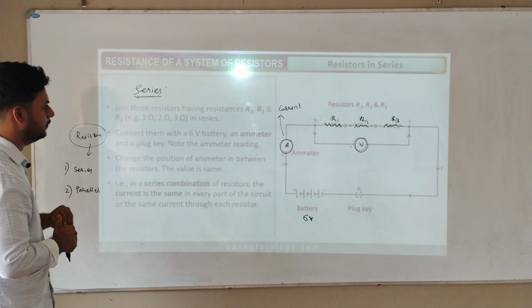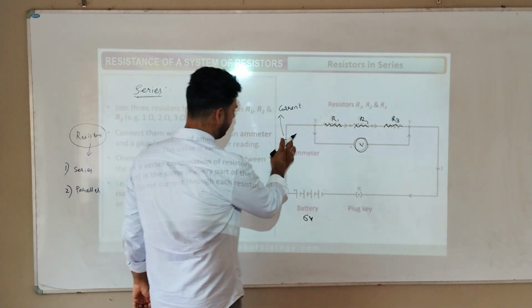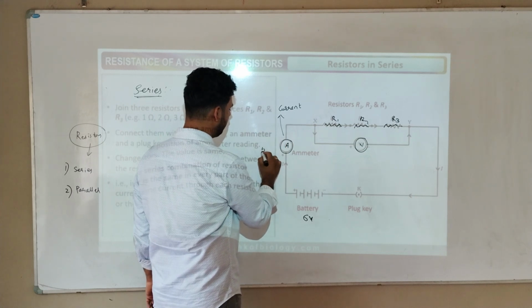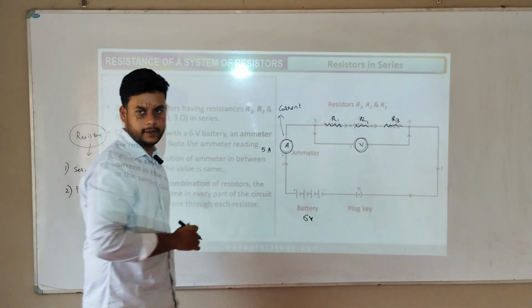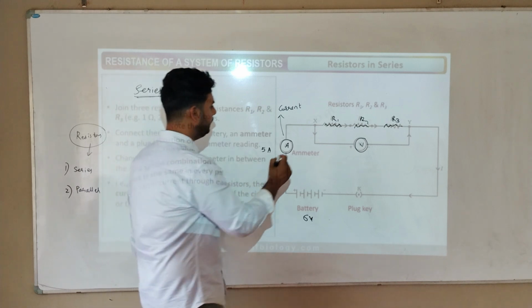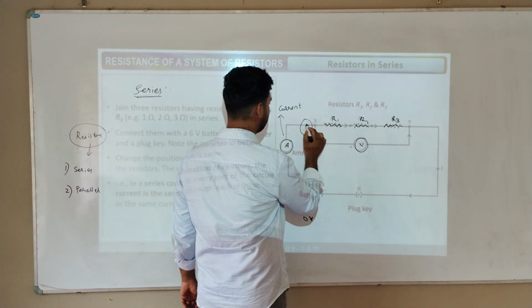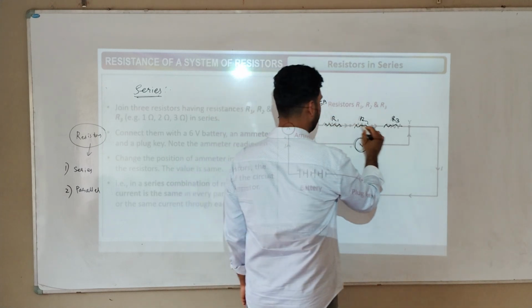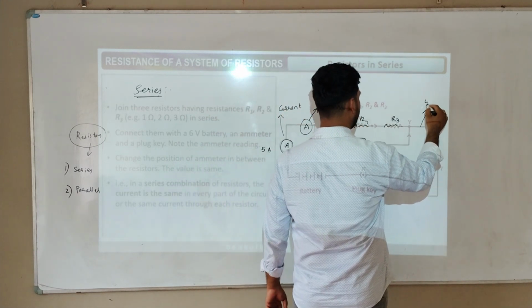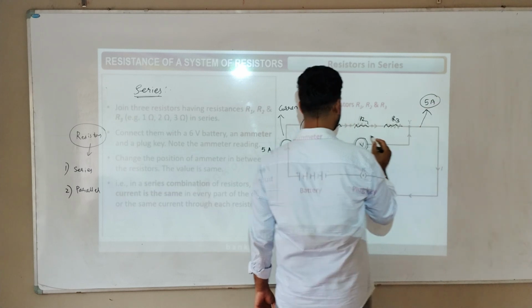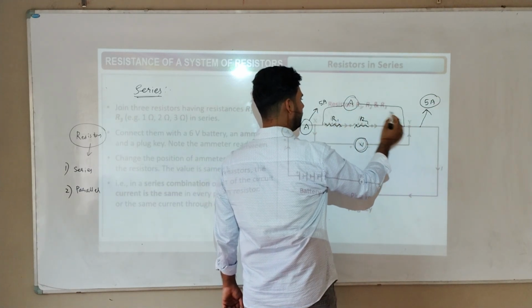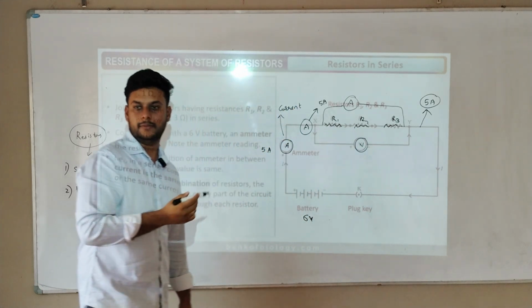The value is same. So first time we have kept ammeter here. Okay, think that it is producing some 5 ampere of current. Now if I switch it and keep ammeter here, here also we will find how much? 5 ampere. If you keep it here, here also we will find 5 ampere.